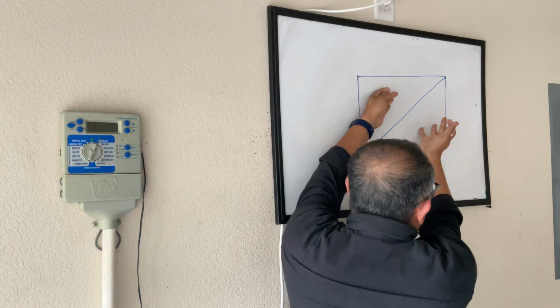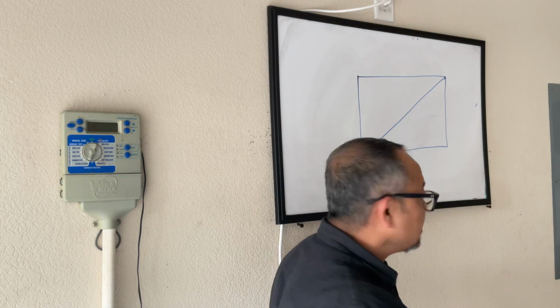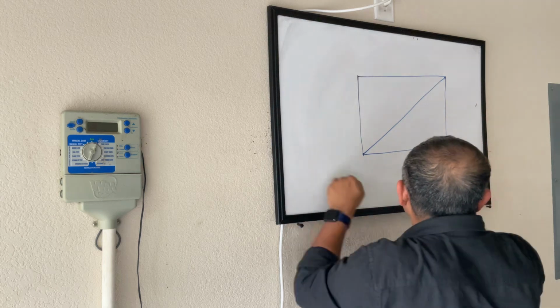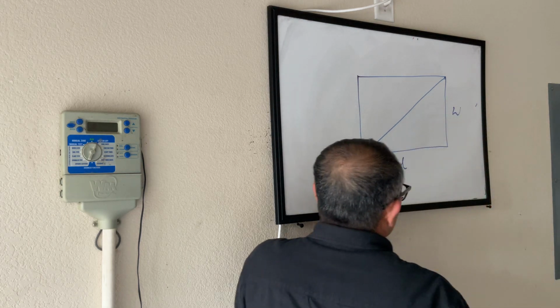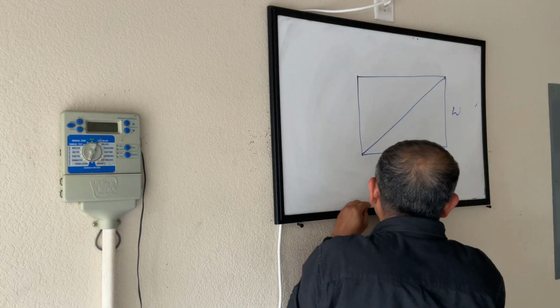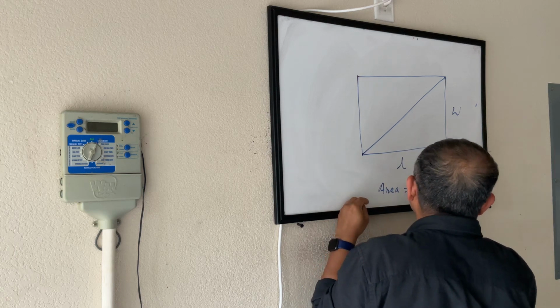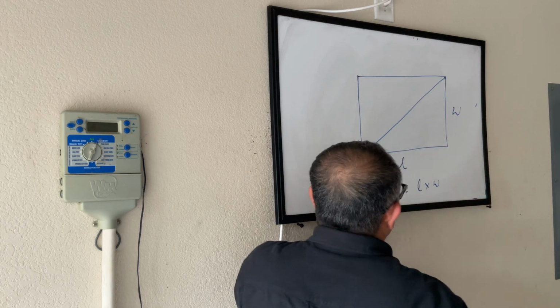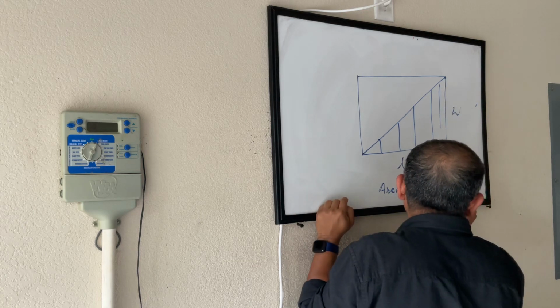I made two triangles and they look to be of the same size. So if the area of the rectangle was length times width, the area of this triangle will be half of it.